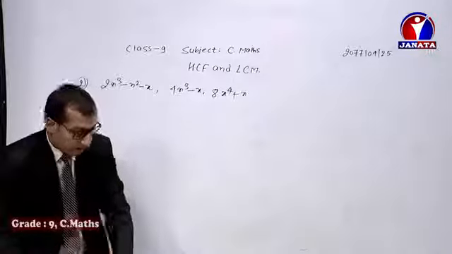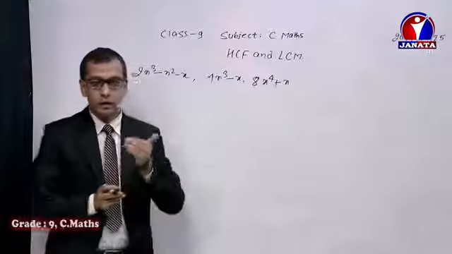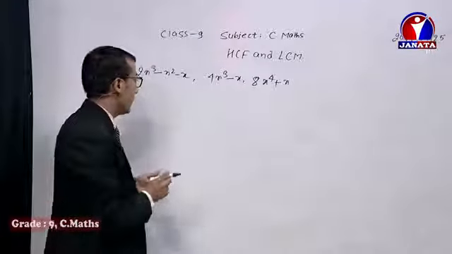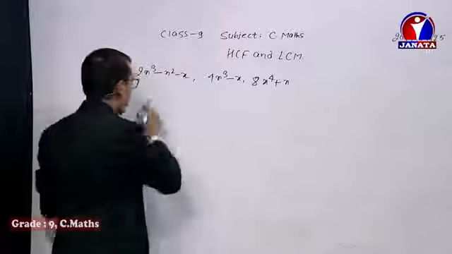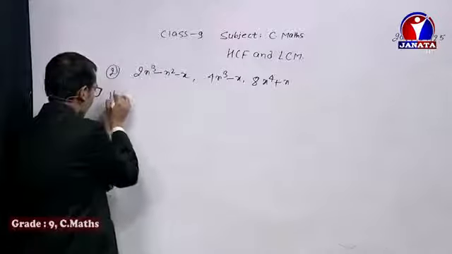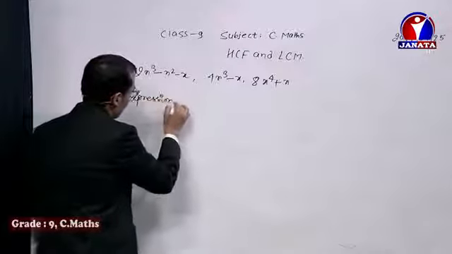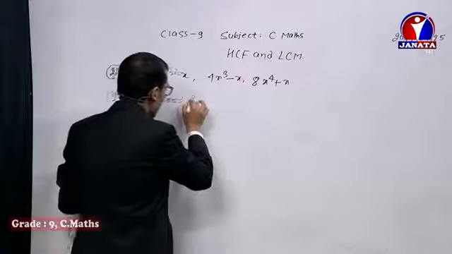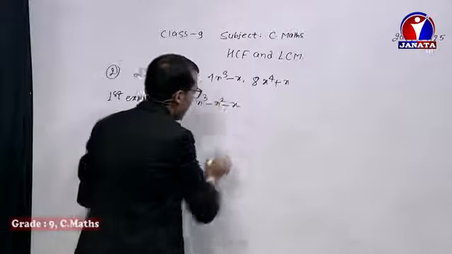So we are practicing this question now for HCF and LCM. This is first expression. There are three expressions. So let's factorize first of all first expression. So what is the first expression? 2x³ − x² − x.